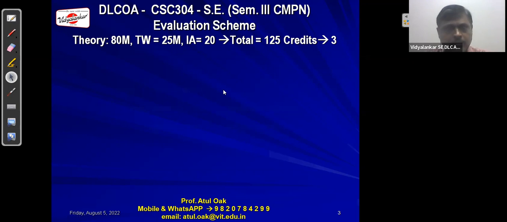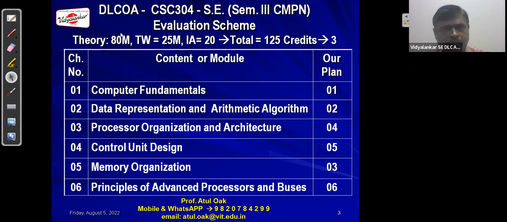You will be appearing for 80 marks of written examination, 25 marks of term work, 20 marks of IA, which is of course the average, IA1 plus IA2 divided by 2. Total 125 for the subject, all inclusive, and 3 credits for this particular subject.